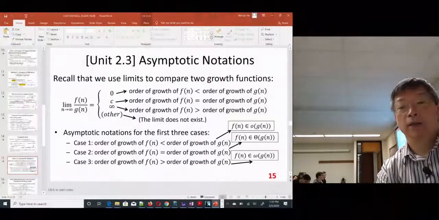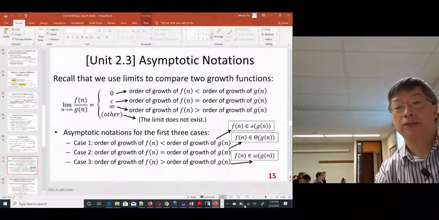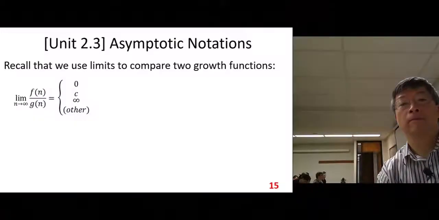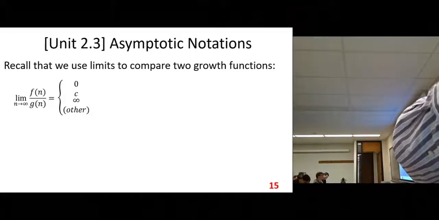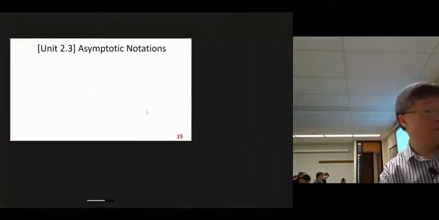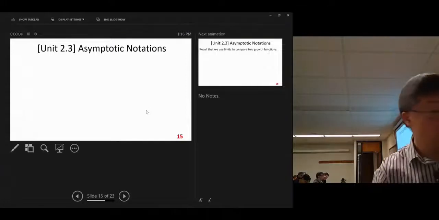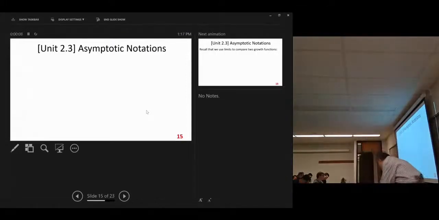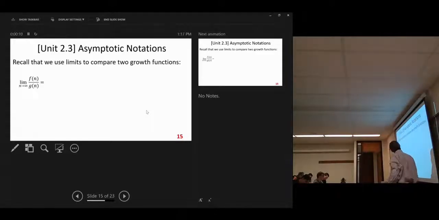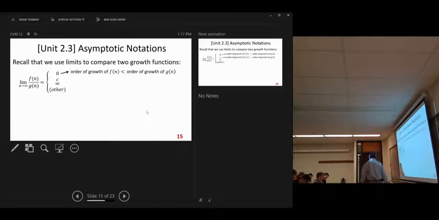All right. Let's keep going. Zero case. When we see the zero case, then we can say the order of growth of f of n is less than the order of growth of g of n.